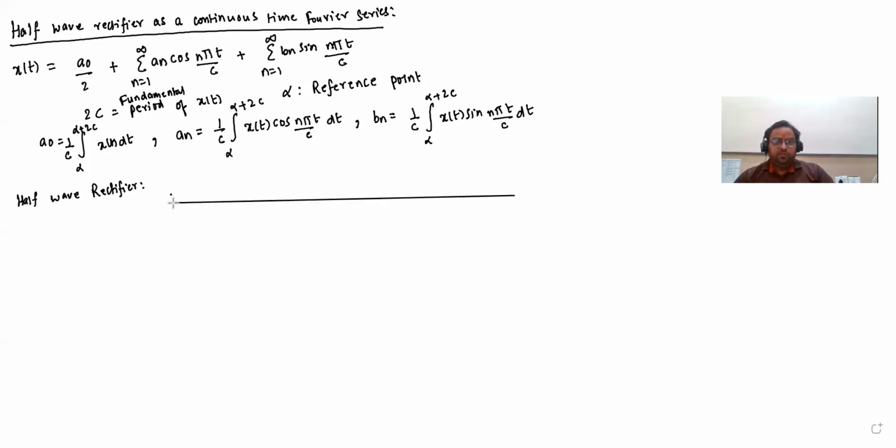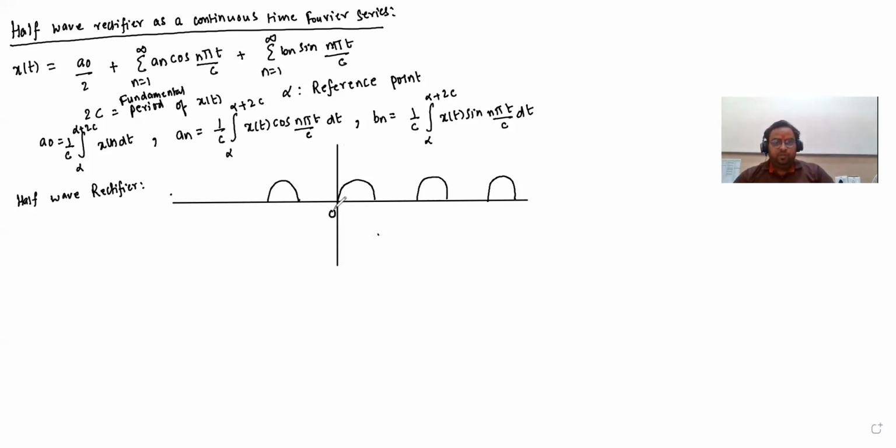How does it look? Suppose this is the coordinate axis, and I am giving a sinusoidal input to a half wave rectifier.